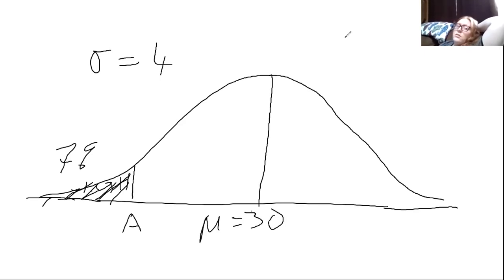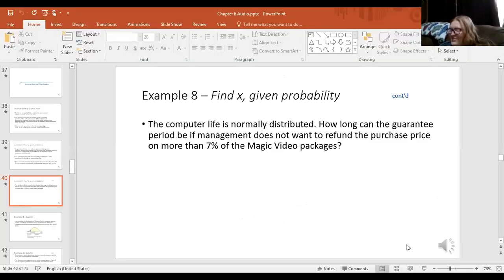What is the mean? 30. And the standard deviation? 4. You can now find 24.096, and so on. Great. Was it that difficult? No.